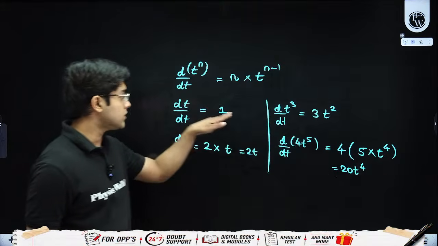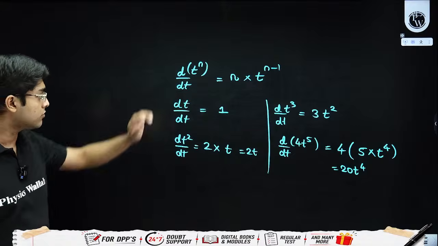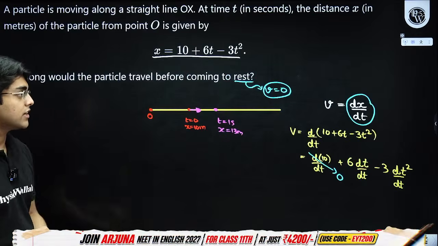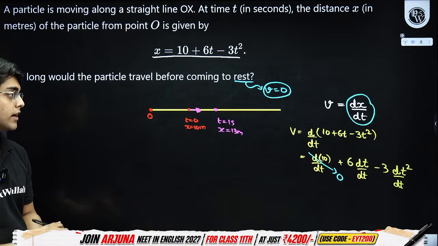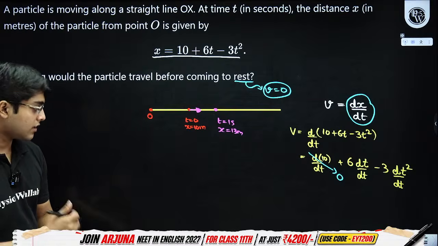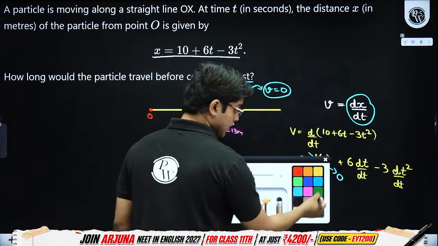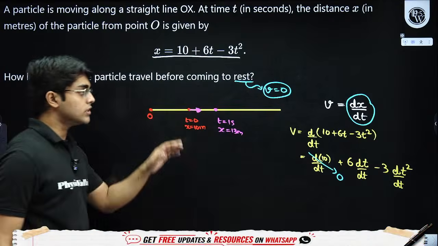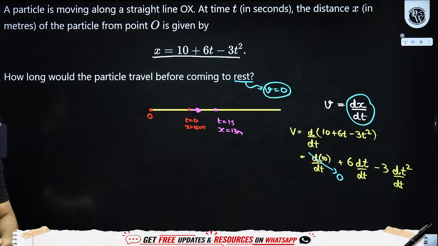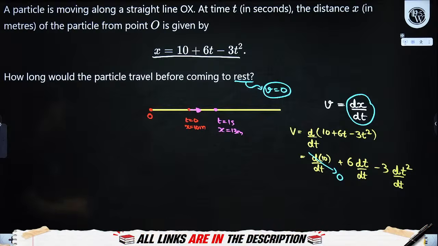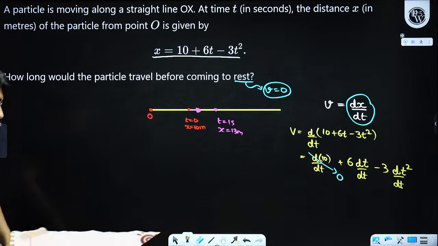Okay, so this is just a simple explanation of differentiation. There are more rules that exist, but I'm not covering all the rules. Here I just want to discuss the motion part. Yes, n t raised to n minus 1, and 20 t raised to 4, correct.